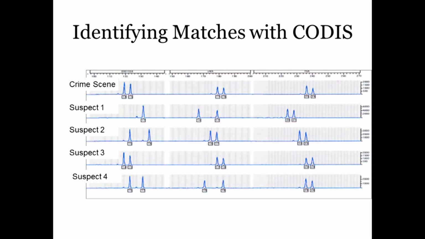Three, I'm hearing three. Yes, that's correct. So you notice that the peak profiles for suspect 3 match the profiles developed from the crime scene. And this is also helpful because it can be used as negative evidence to rule out, say, suspects 1, 2, and 4.